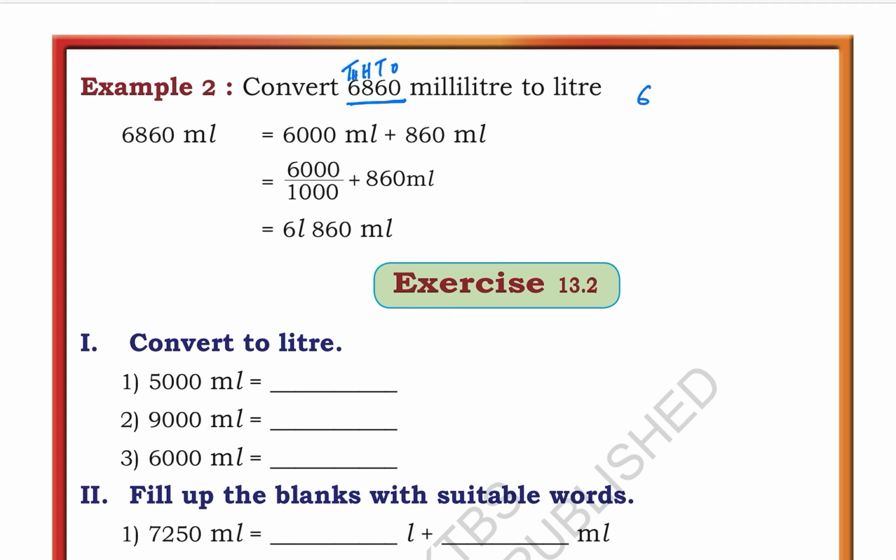We will split it into 2 parts, 6000 plus the remaining 860. Here there is no thousands place value, 860. If we split this, we will get 6000 ml and 860 ml, right?